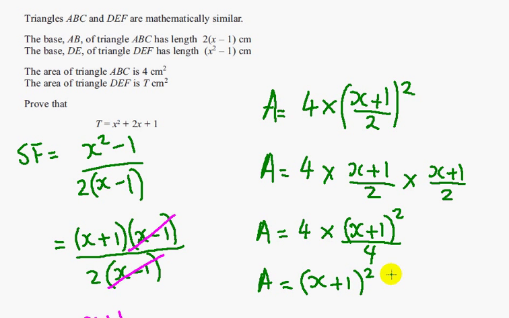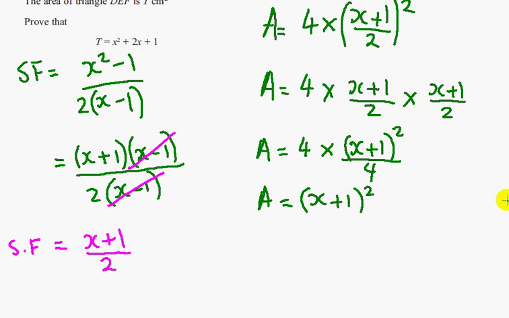And if we multiply that out, I hope it's going to get us to this, x squared plus 2x plus 1. So the area is going to be x squared plus 2x plus 1. So t equals that. So have we proved that that is that? Yes, we have. And that is definitely an A-star question.